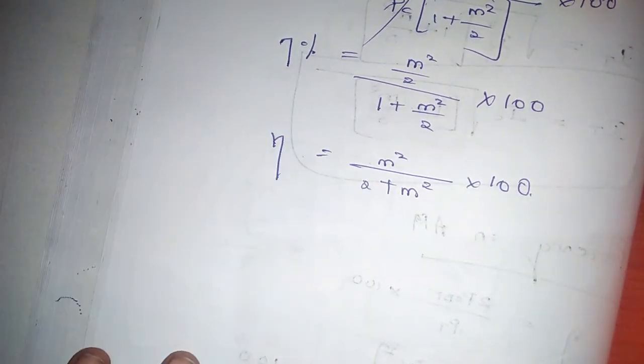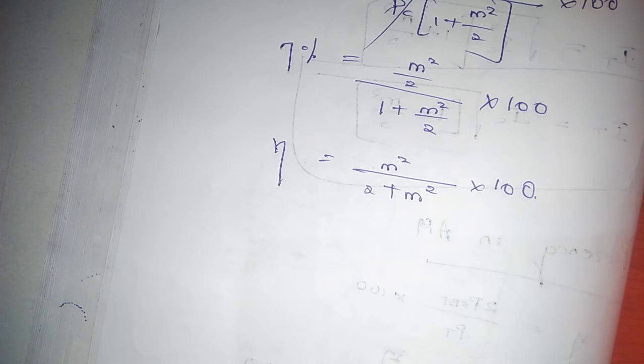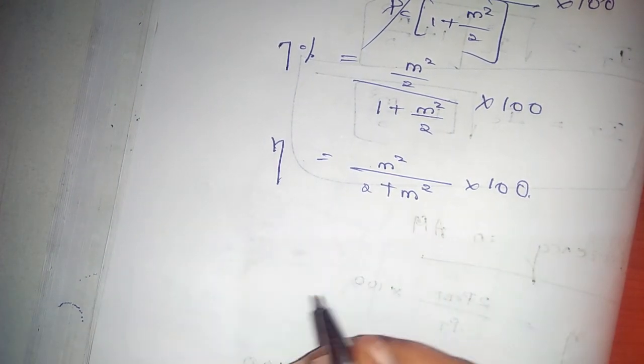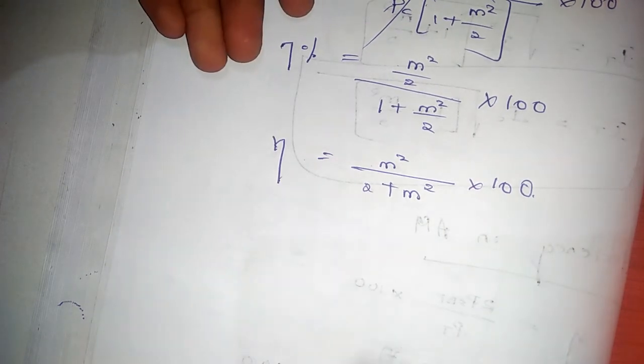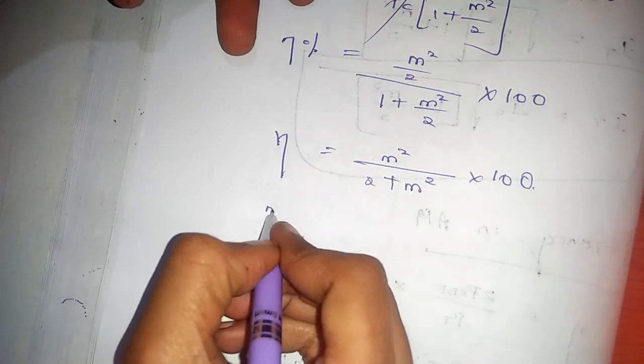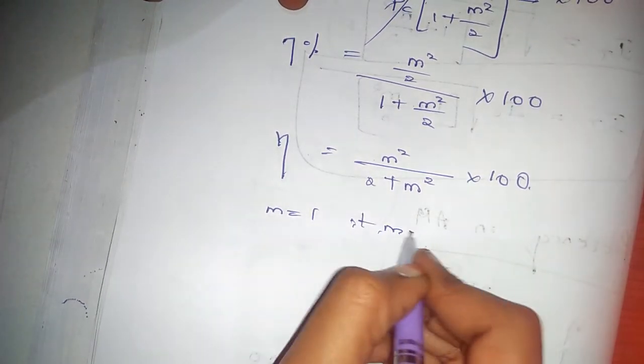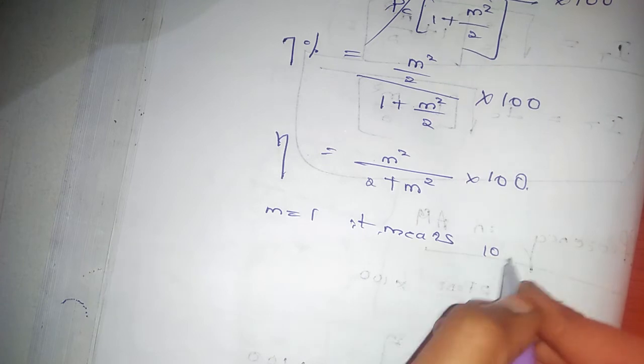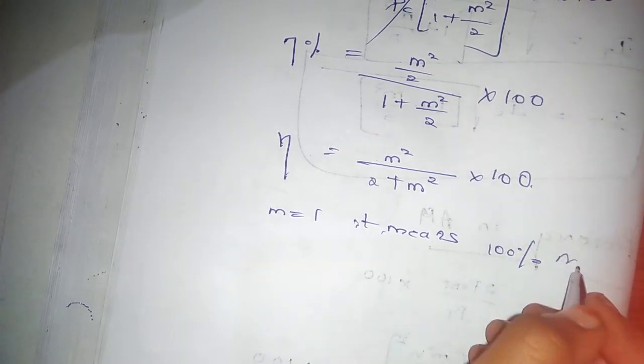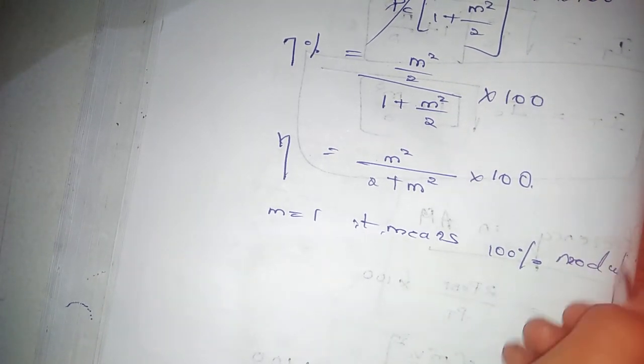If I take m = 1, it means 100% modulation.